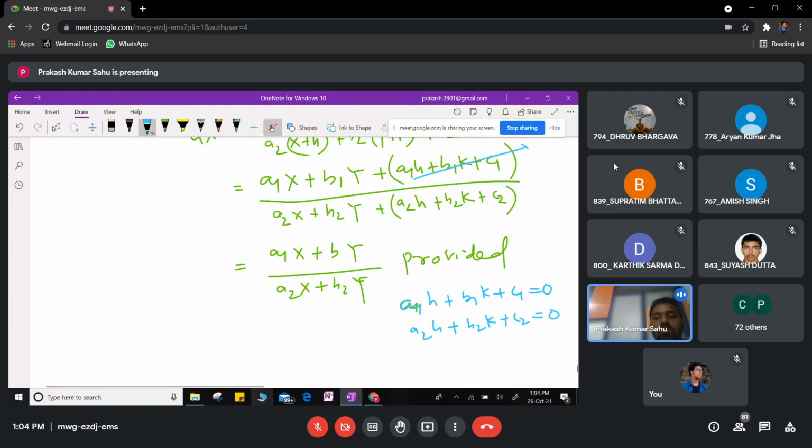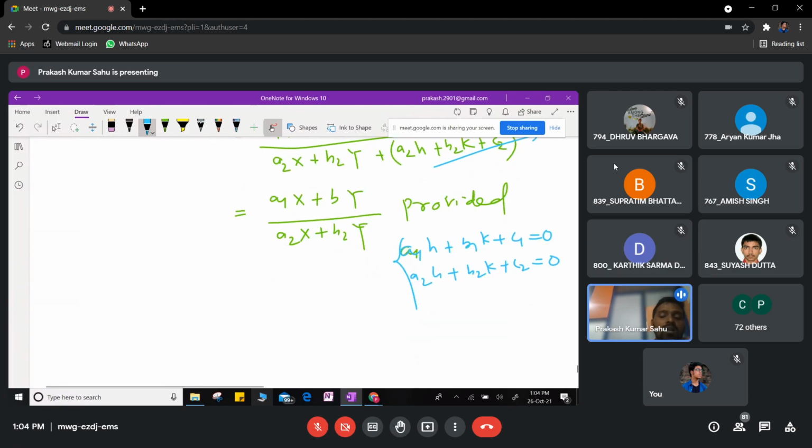If these two are 0, then you will get only a1X plus b1Y divided by a2X plus b2Y, which is homogeneous. And these two equations are a system of equations, yes or no?